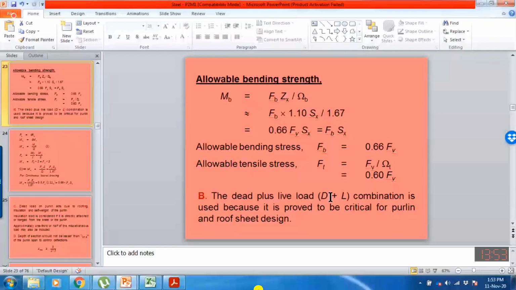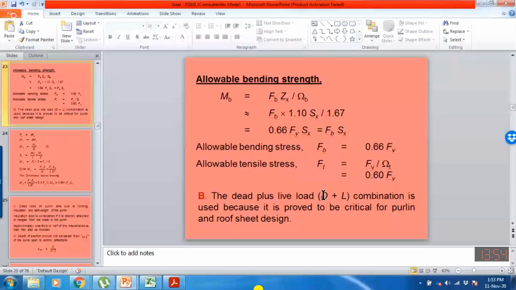Wind load will not be critical, because if the wind is blowing, there will be an uplifting effect. Gravity load effect is downward and wind load effect is upward. So it is negating the gravity effect. If the wind is not blowing, then the purlin is subjected to maximum force. Due to this reason, we will only design for gravity load combination without being multiplied with any factor of safety, because we are using service load.